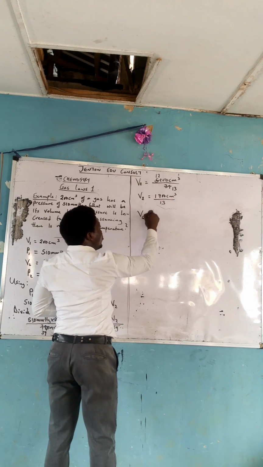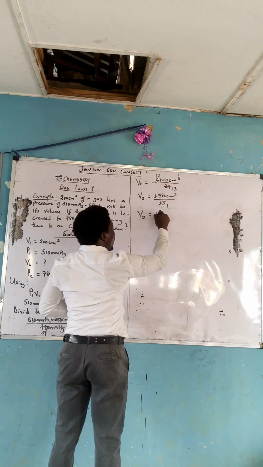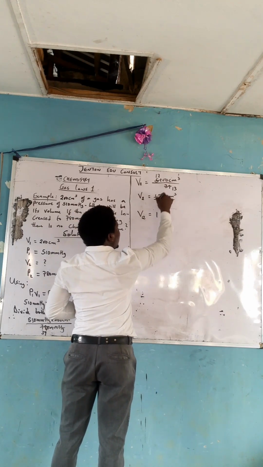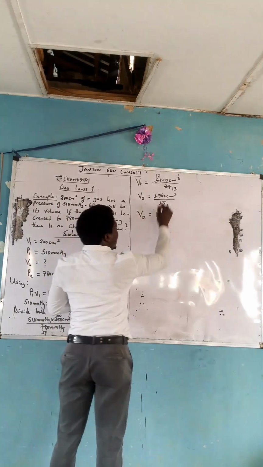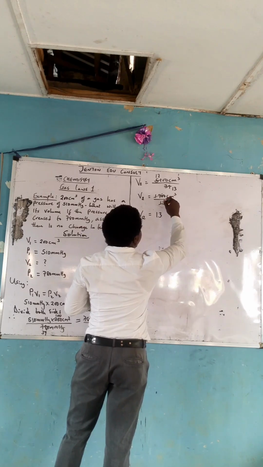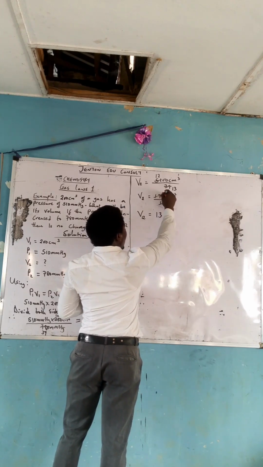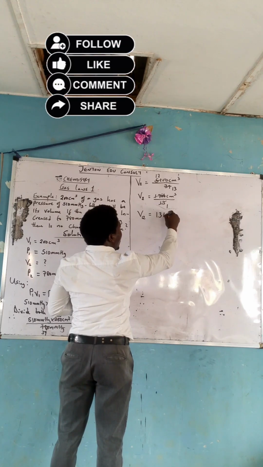That means my V2 will be equal to 13 here. 13 goes in 17, 1 time, remainder 4. It will go in 40, 3 times. That's 39. Remainder 1. So in 10, it will go 0 times. Then decimal.